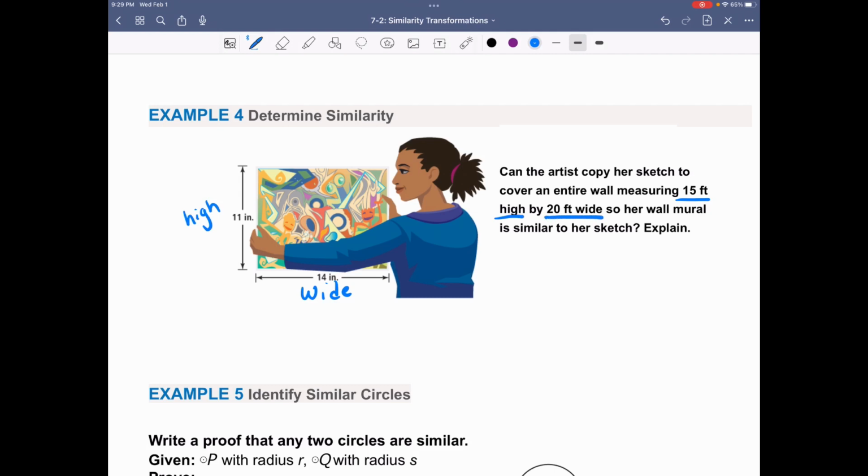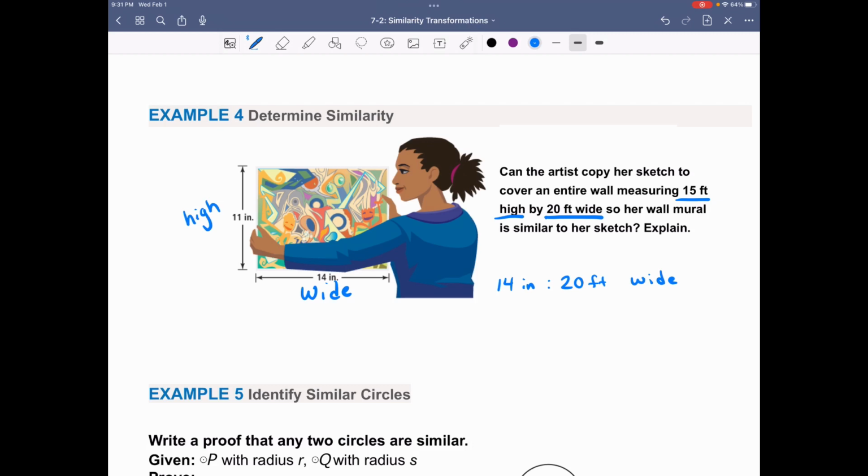So we're going to set up a proportion where we want to compare these numbers. I had to think about this for a second, but we want to compare, so I will take the 14 inches wide, and that's going to compare to the 20 feet wide. So that's talking about the width. And then I can compare the height.